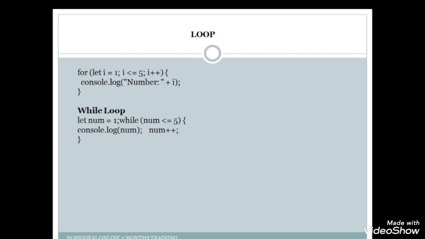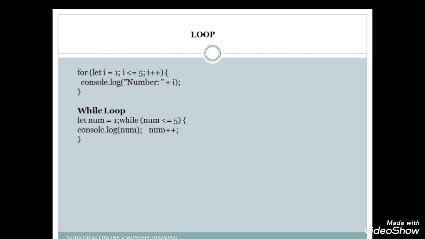That's why they are using console.log, and this particular one can be run normal on your console. You can use document.write if you are trying to run it with HTML. So number plus I means that it will keep on doing number plus I till it meets this particular condition.